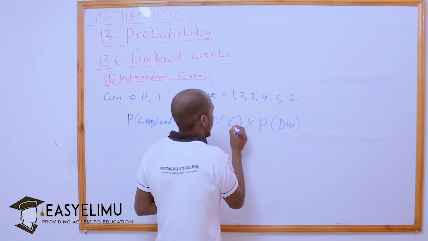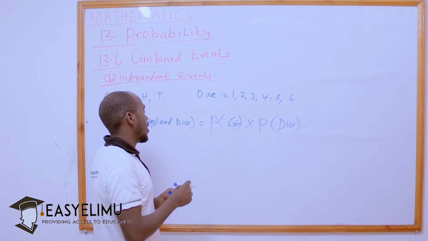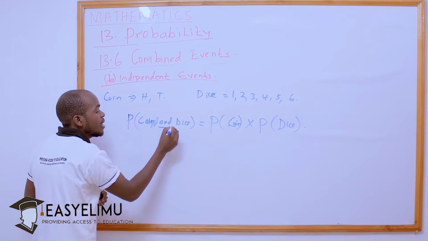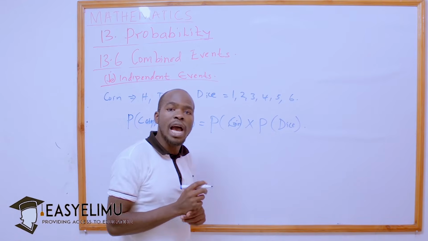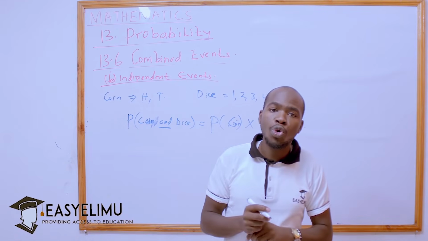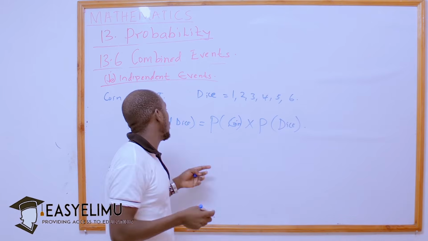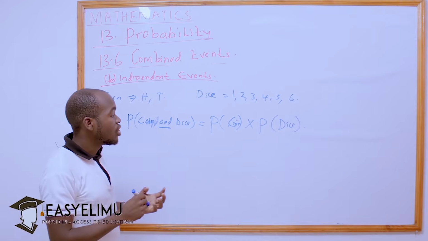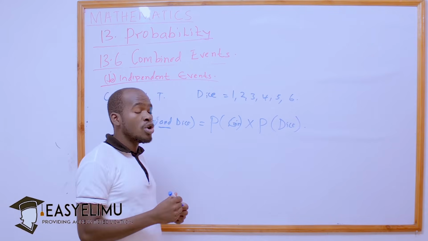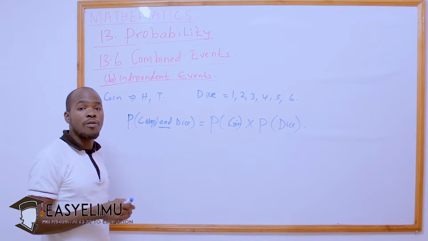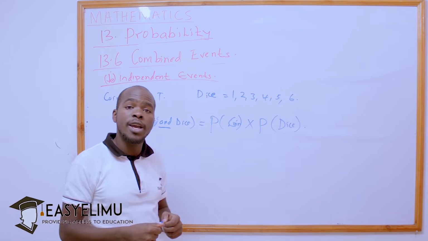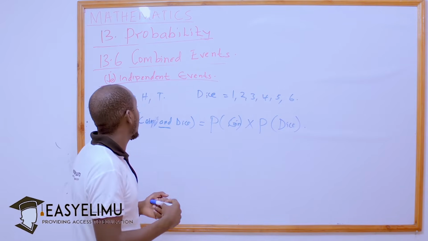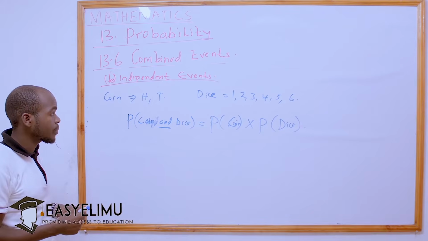So that's how we find it. In this case it is used as the multiplication rule in probability. So if you are told "and", know that it is a multiplication rule, whereas for mutually exclusive events, it was the addition rule in probability.